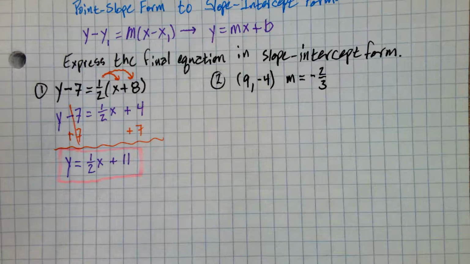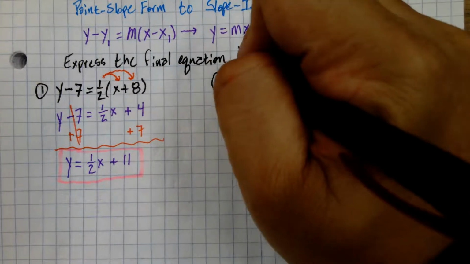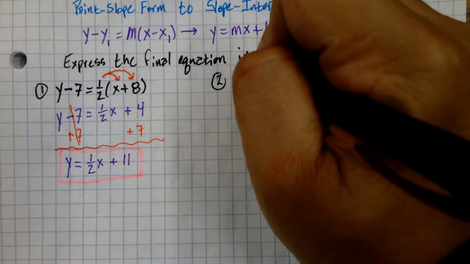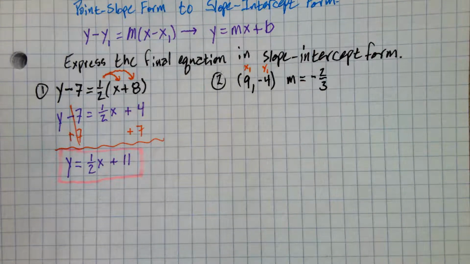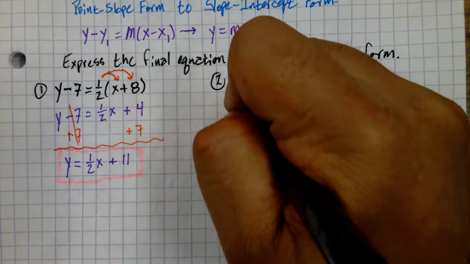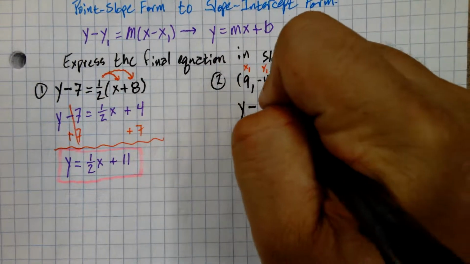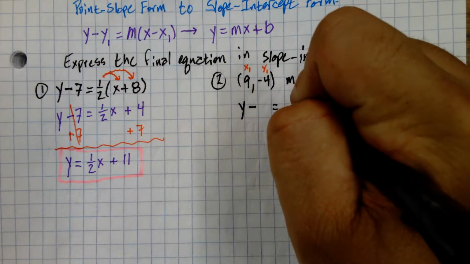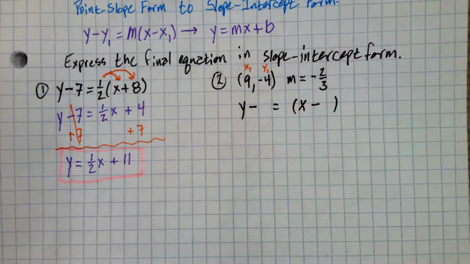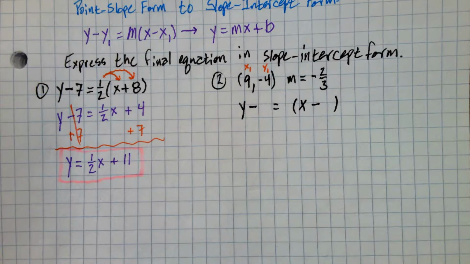So let's start off by taking that information, realizing this is just a point. So x1 is there, y1 is there. Plug that into point slope form because we know a point. So let's put it into point slope and start with that.